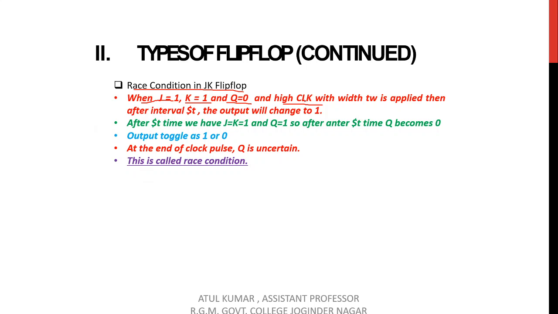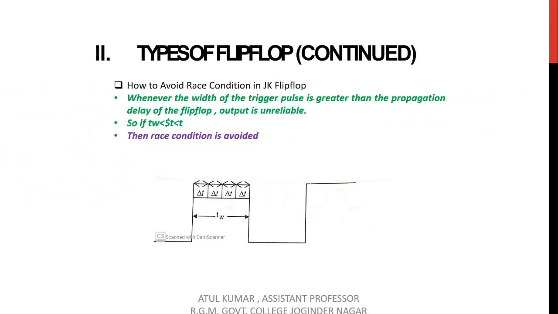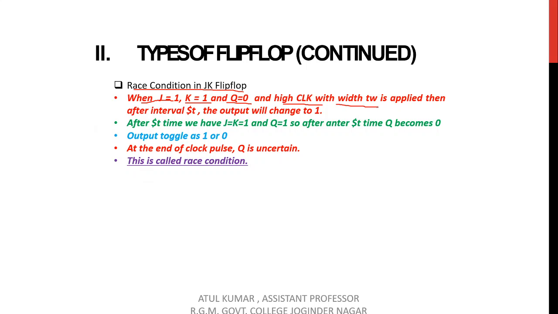But there is a clock pulse, and suppose the clock pulse of width tw is applied, then after a time interval, suppose delta t, the output will change to 1, and after the time delta t, with J equal to 1 and K equal to 1 and Q equal to 1, again after a time delta t, Q becomes 0. So the output toggles between 1 and 0. At the end of the clock pulse, Q is uncertain, and this condition is called the race condition.